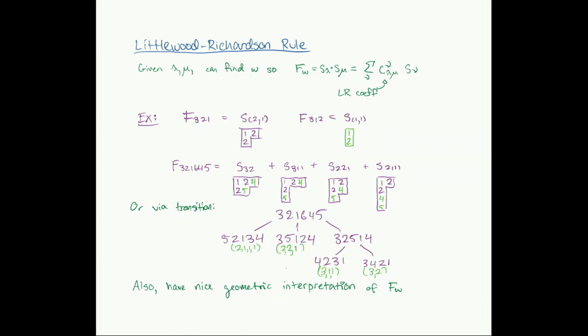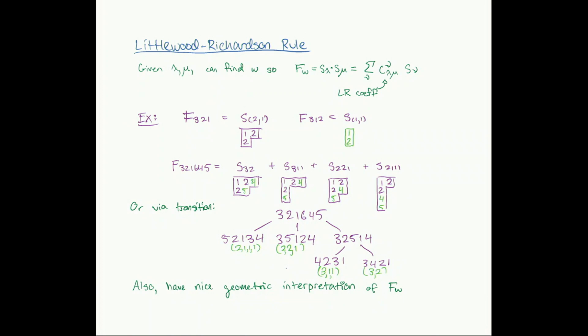OK, so then there's this second approach that I mentioned due essentially to Lascoux and Schützenberger called transition. I'm not going to go into the details except to say that you're doing this sort of recursive argument where you're writing the F function on this 321645 as the sum of the F's of the terms below it, and then as you iterate, eventually your leaves will be single Schur functions.